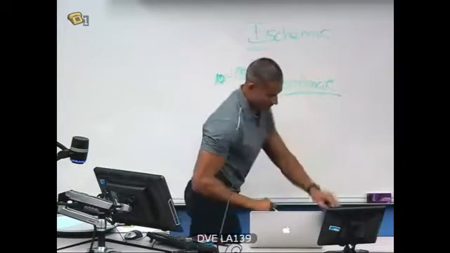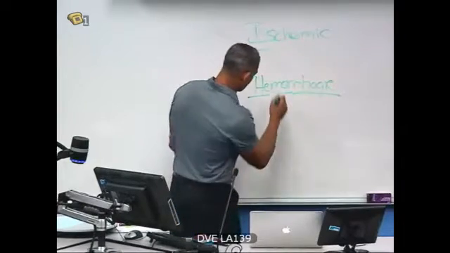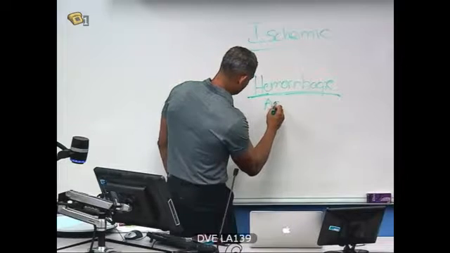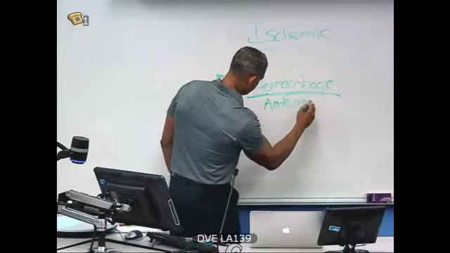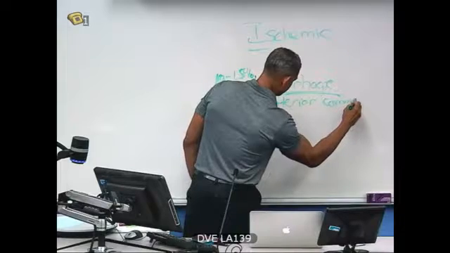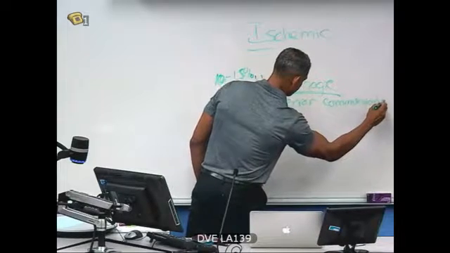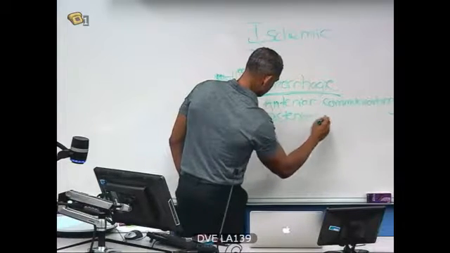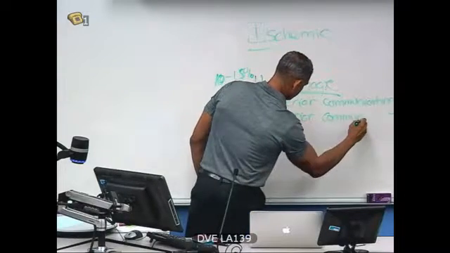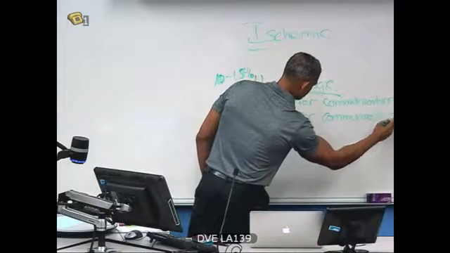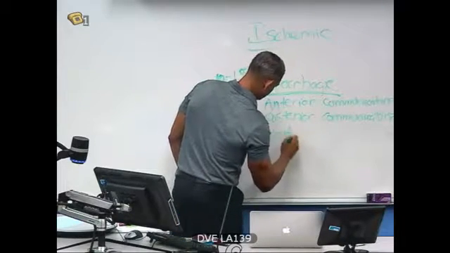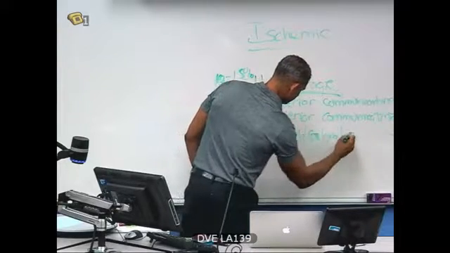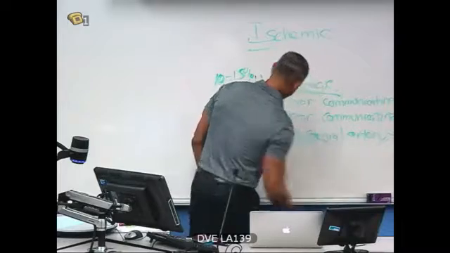berry or saccular aneurysms. Guess what? In the circle of Willis, the majority of them, by far, 80+%, are from these three arteries.